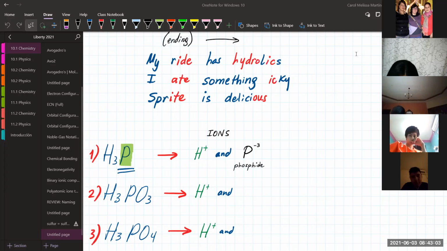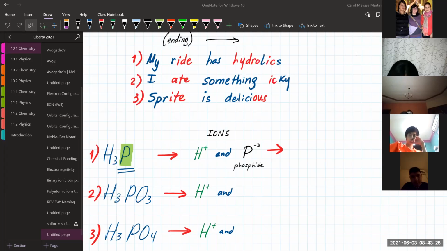Now, what rule from the mnemonics are you going to follow for this exercise? Is it the 1, the 2, or the 3? 1. Okay, so we're talking about my ride has hydraulics.